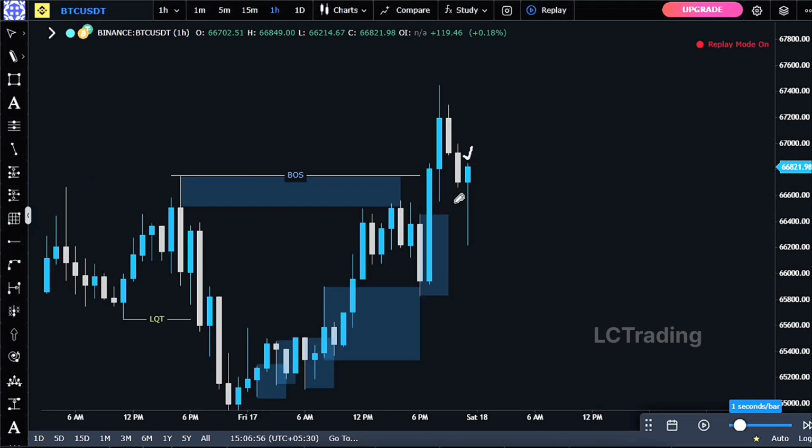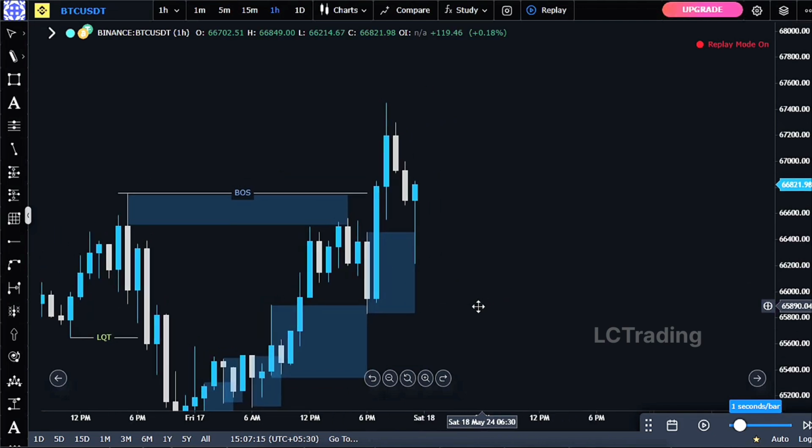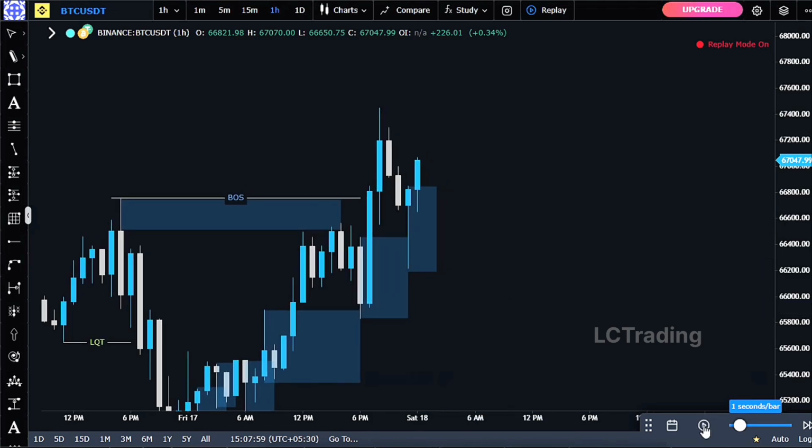And the market mitigated our order block and created one bullish candle. This bearish candle mitigated our order block.